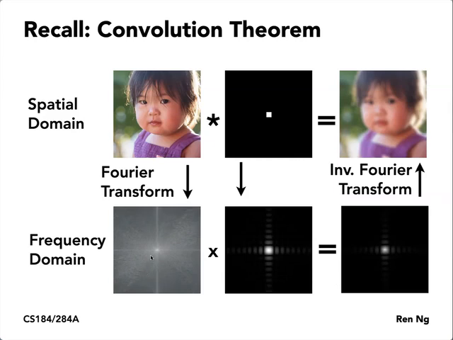Now, of course, if you did this in the frequency domain, then you have to transform back into the image domain, because you eventually probably care about seeing this image, not just having this Fourier transform. But let me lay that out. So you could compute two forward Fourier transforms, do a pixel by pixel multiply to get this image here, and then take one inverse Fourier transform to get back over here.